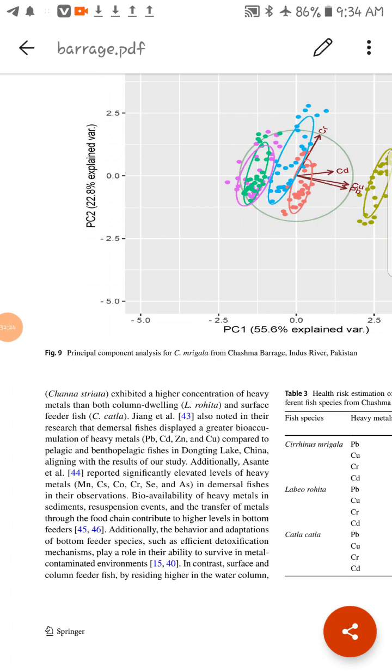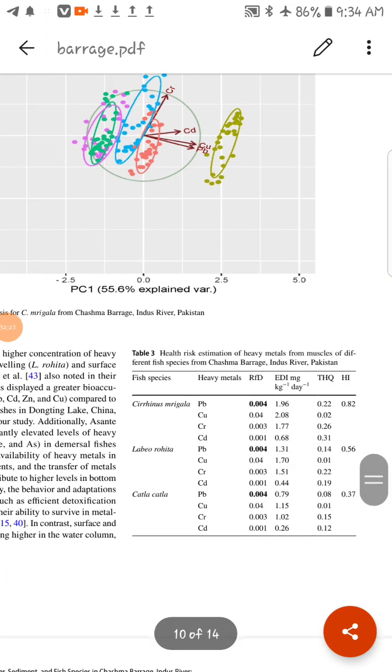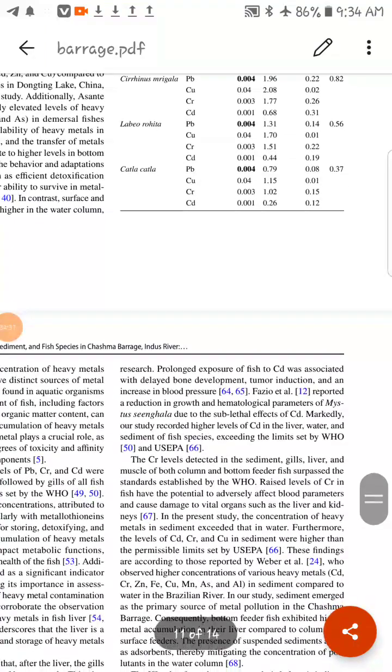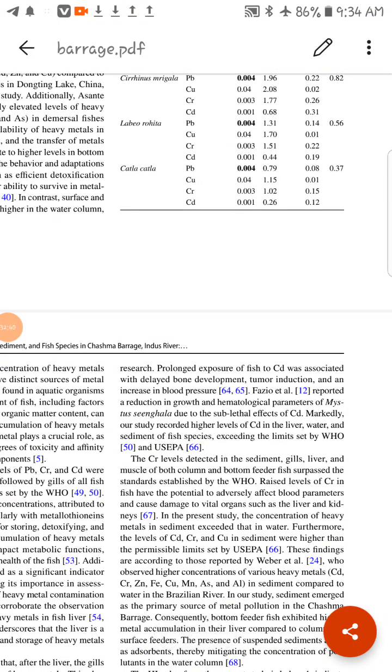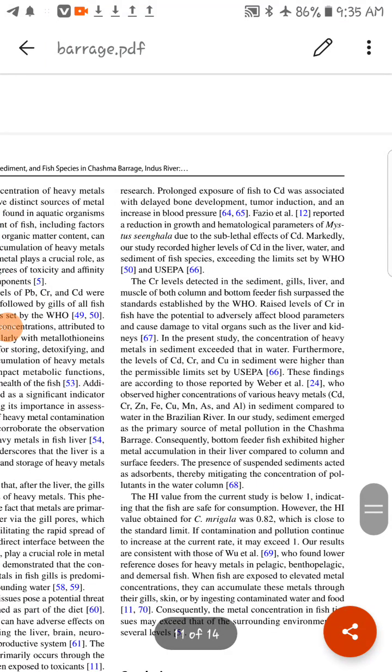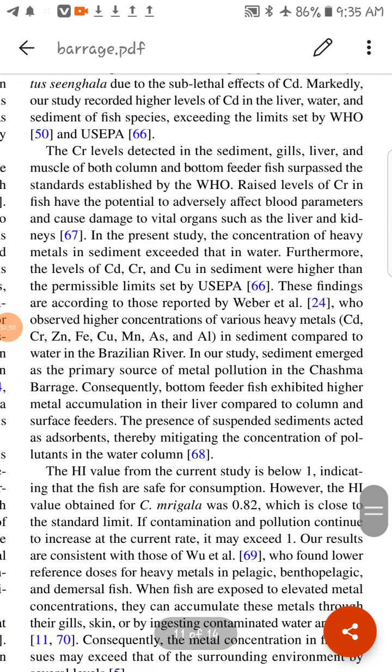So the researchers reported that there is no significant threat at all, and they discussed here in the hazard index. It says the value from the current study is below 1, indicating that the fish are safe for consumption.